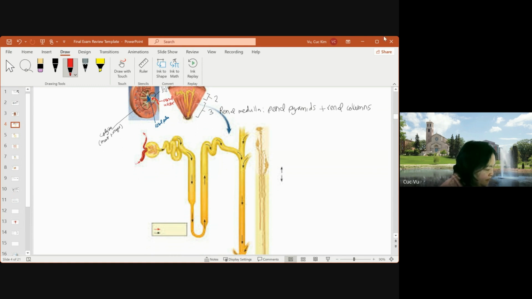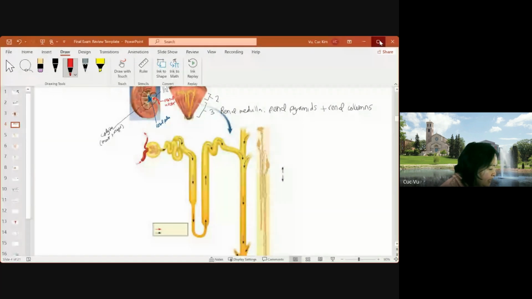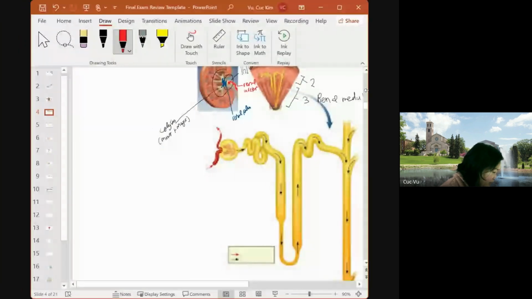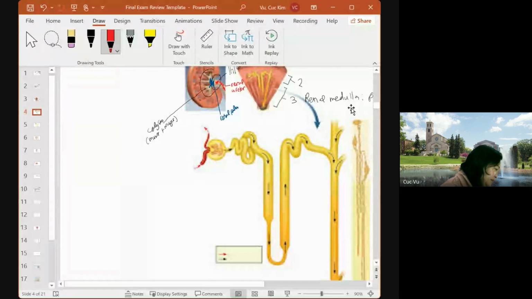The nephron has the following parts. It's got the renal corpuscle, which is this portion right here. Now let me use this color. The renal corpuscle consists of the glomerulus.